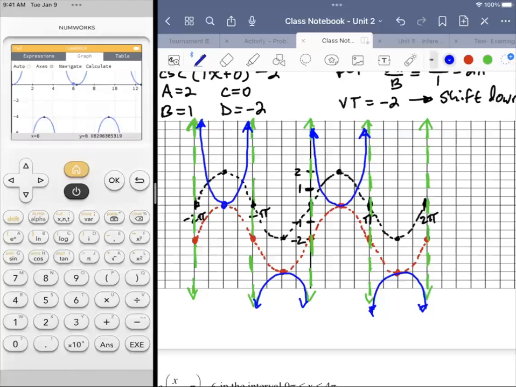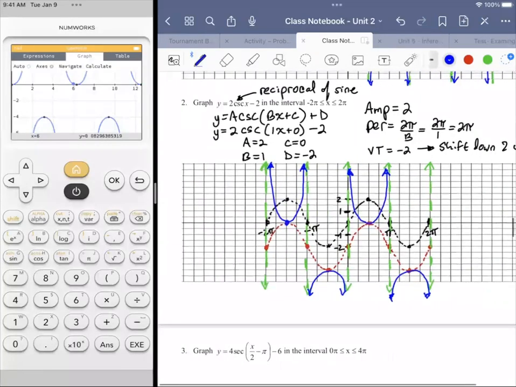Just going back to when we did rational functions, where I'd have something like this for a vertical asymptote, a horizontal asymptote, but then you actually have the curve. All right, this is the actual graph, these two pieces. The dashed stuff is not actually part of the graph, just represents boundaries.